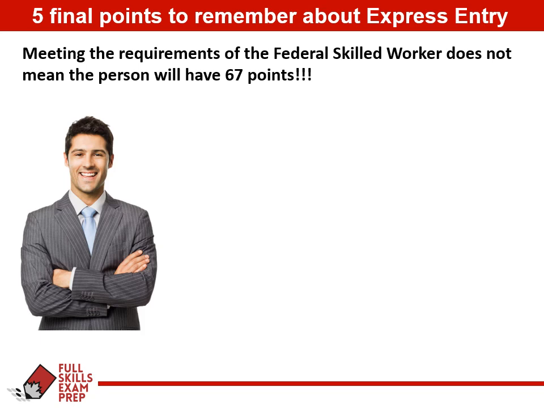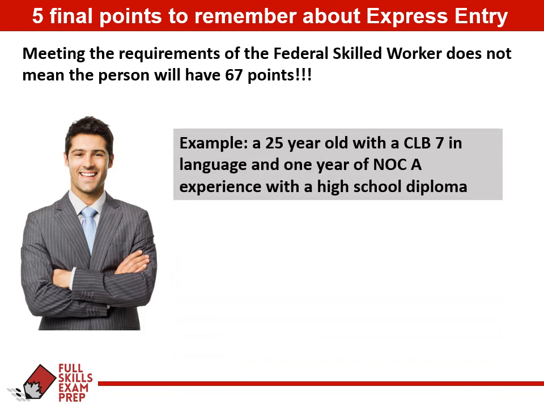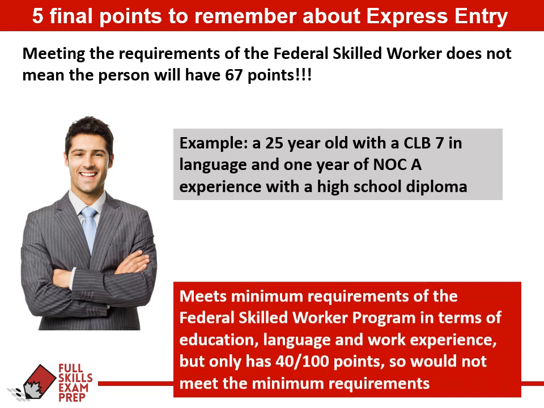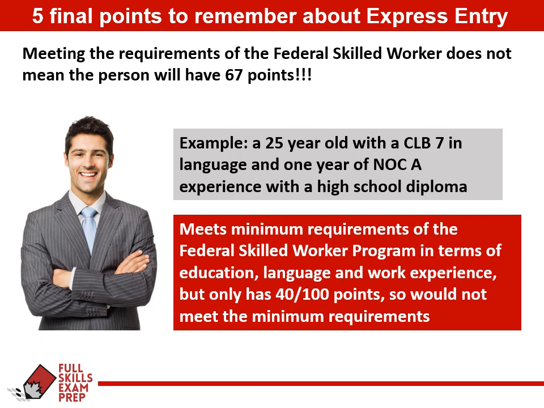Now, another important lesson here is pretty similar to what we just saw. All right, so this person here is 25 with a CLB 7, which is great, high school diploma, 1 year of NOC A experience. So in your mind, you could probably see that he meets the minimum requirements of the Federal Skilled Worker Program, except when you take a look at the points.